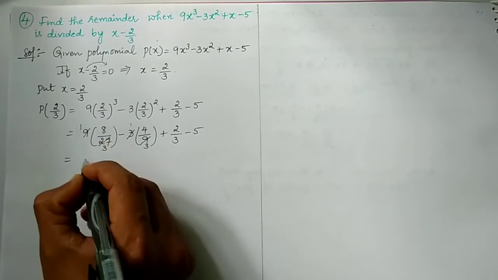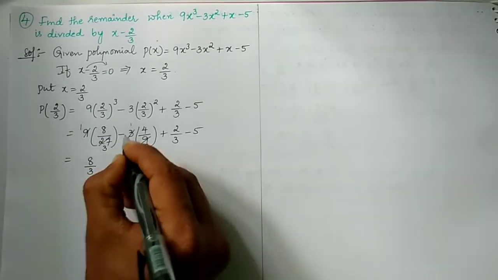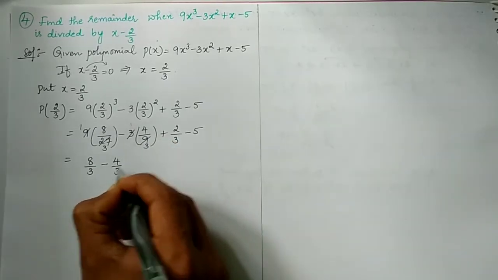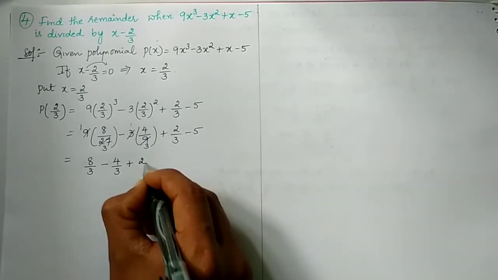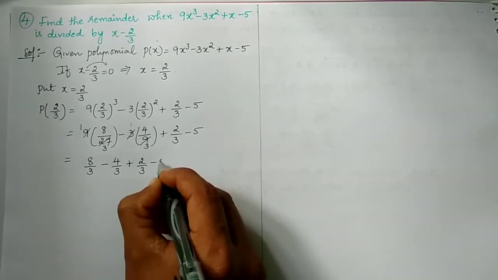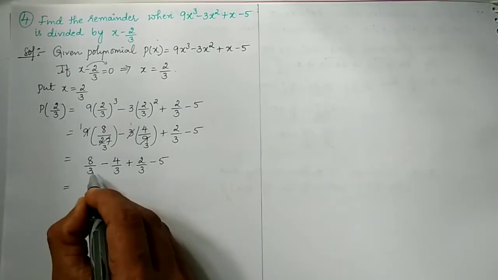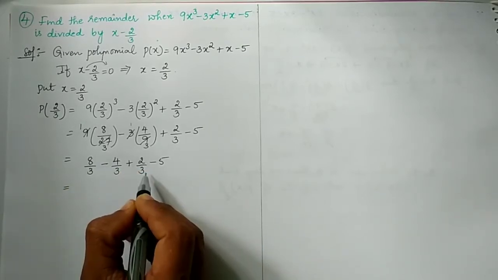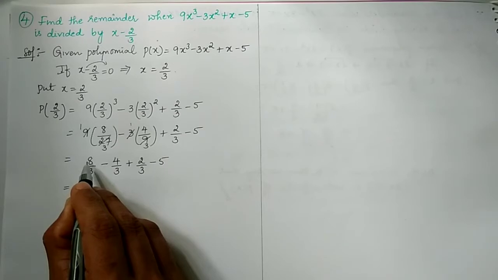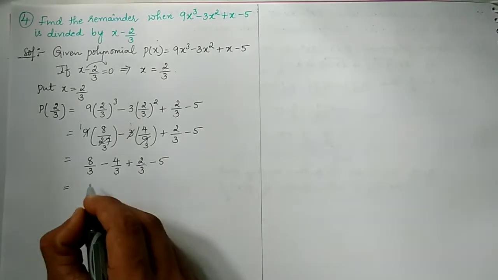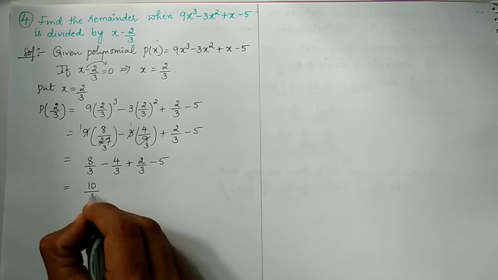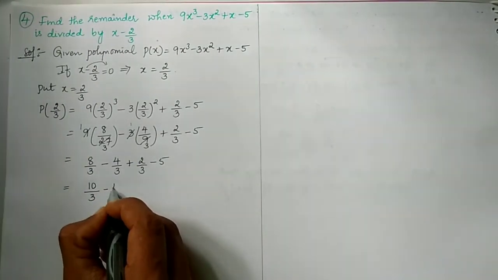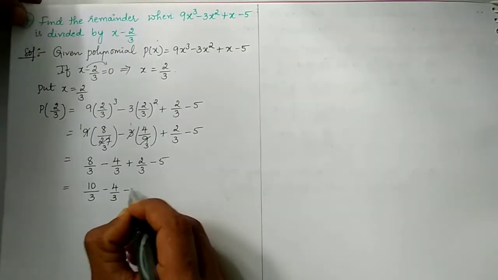What is left? 1 into 8 is 8 divided by 3, minus 4 by 3, plus 2 by 3, minus 5. These three fractions are like fractions having the same denominator 3. First add the positive numbers, 8 and 2. 8 plus 2 is 10. So 10 by 3 minus 4 by 3 minus 5.